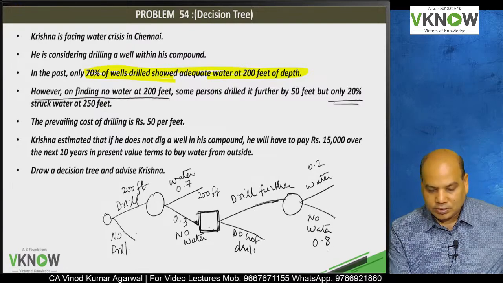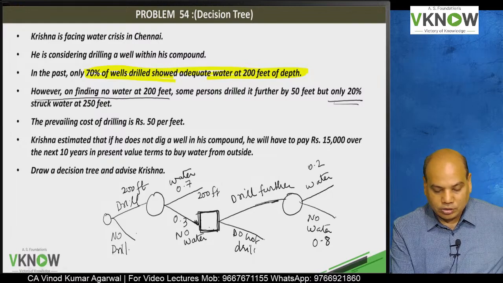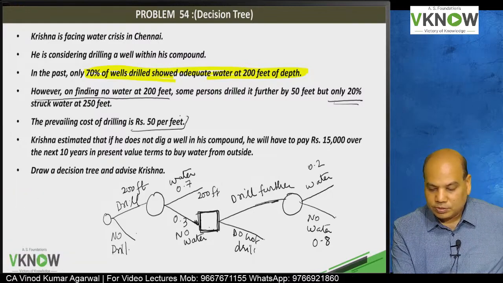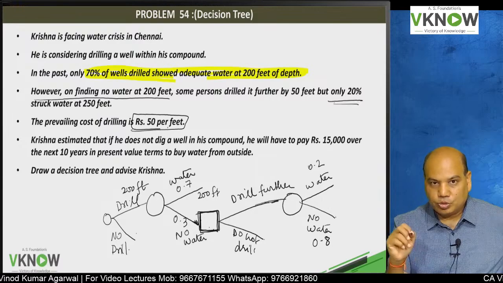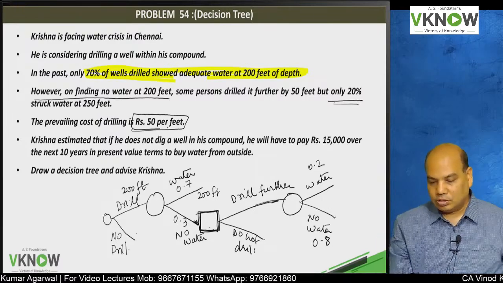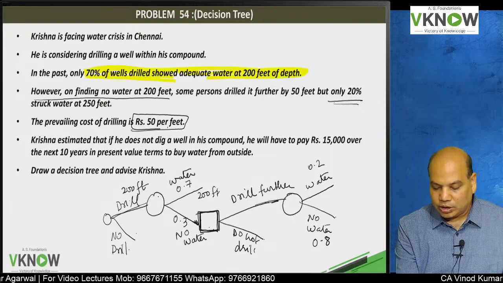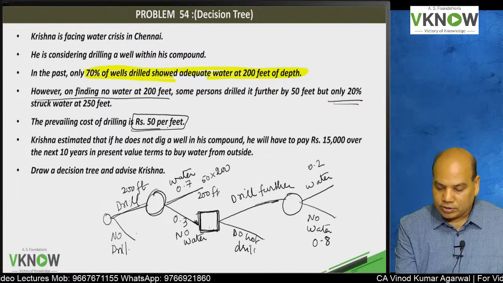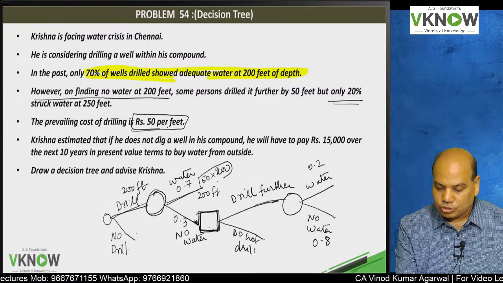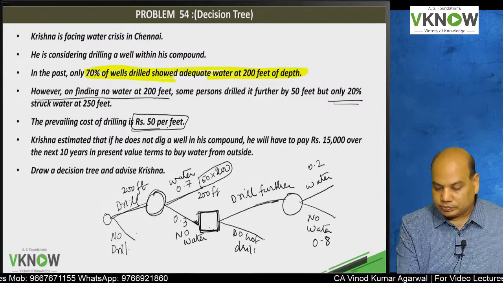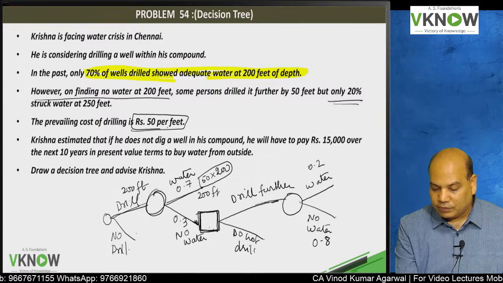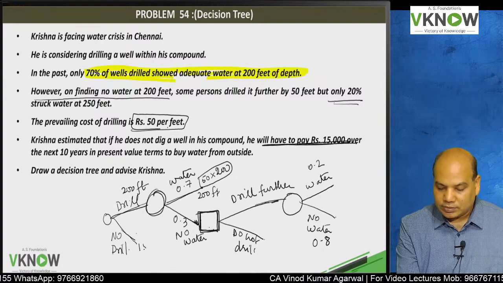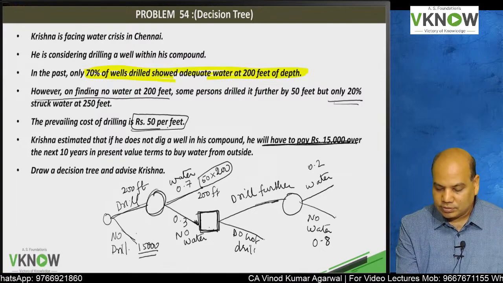The prevailing cost of drilling is 50 per feet. If you drill, you have to pay 50 rupees per feet. So if I drill 200 feet and if I get water, my cost will be 50 into 200 feet. But if I do not drill, then I have to purchase water from the market and pay 15,000.